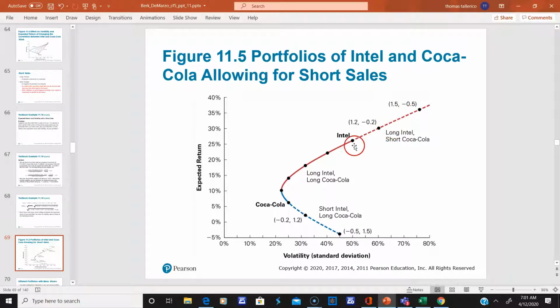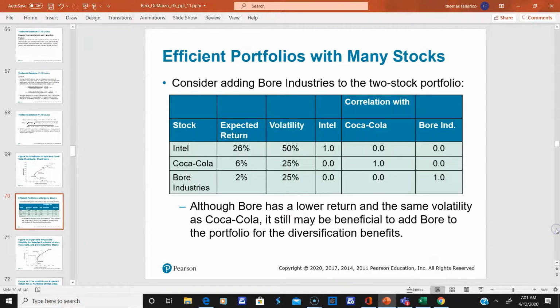In this case, it's the opposite of this. You're willing to take on more volatility, but you're getting a larger return. And in this case here, which is unusual because you're short Intel, your volatility has gone down, but your expected return has gone up. Short selling puts a different twist on everything.